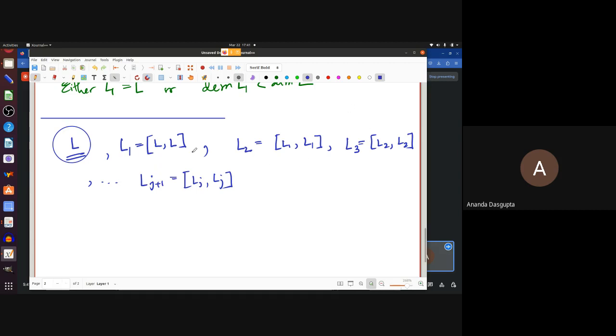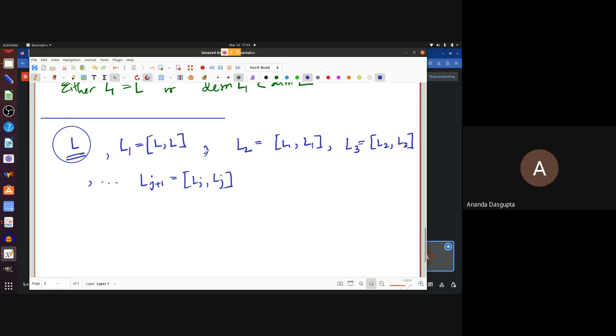In general, Lj plus 1 is an invariant subalgebra of Lj, right? Now, if you think of this sequence, at each stage you have an invariant subalgebra, and the factor algebra in each case has to be abelian. Factor algebra meaning L1 factored off by L2, L2 by L3, Lj by Lj plus 1, and so on.